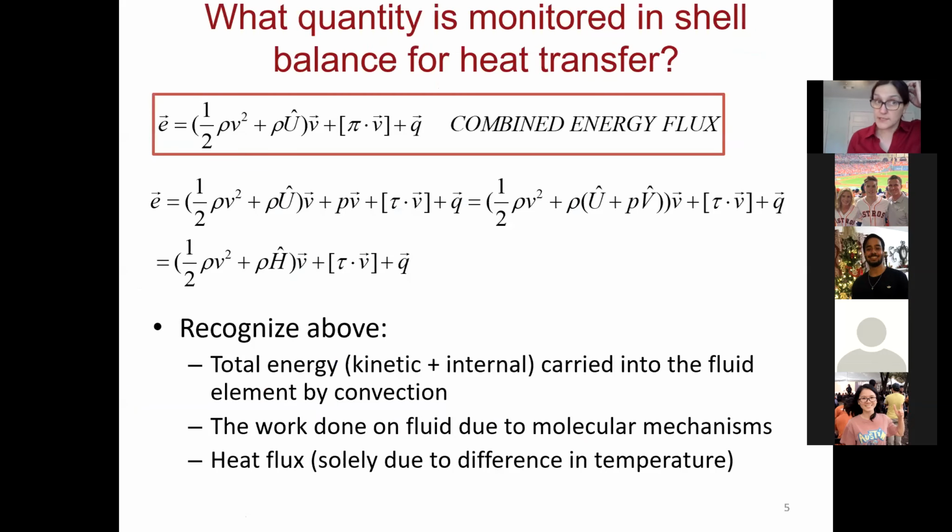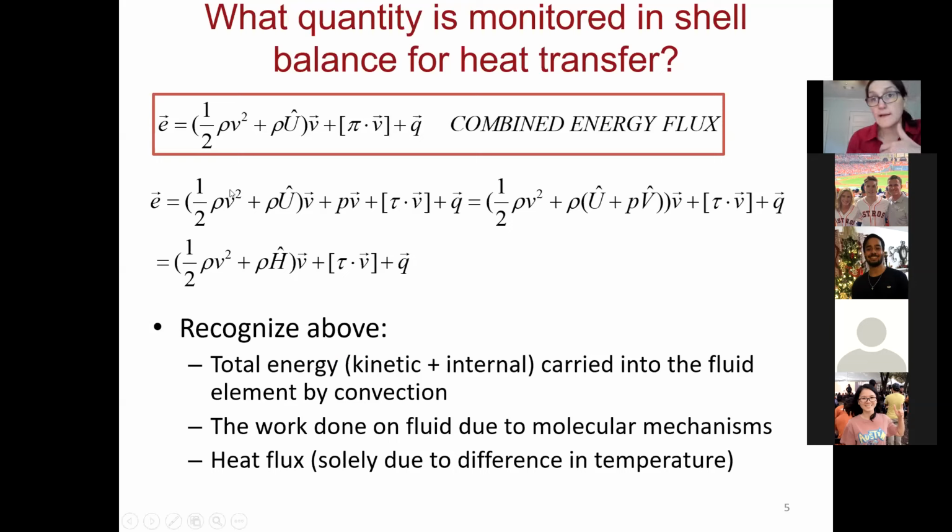Now, what we monitor in shell balances is the so-called combined energy flux. Fourier's law describes what happens if I just have a temperature difference and nothing else. If I also have fluid flowing, that complicates things.